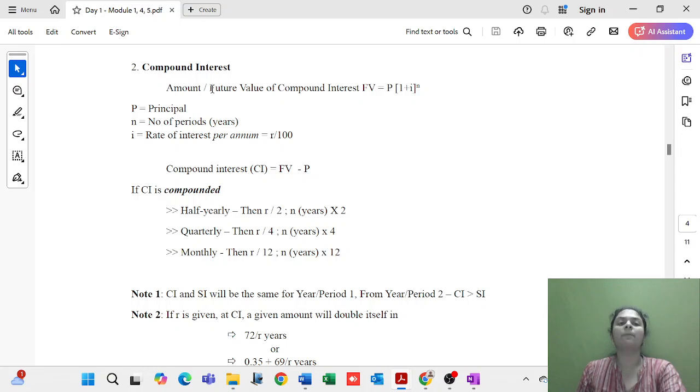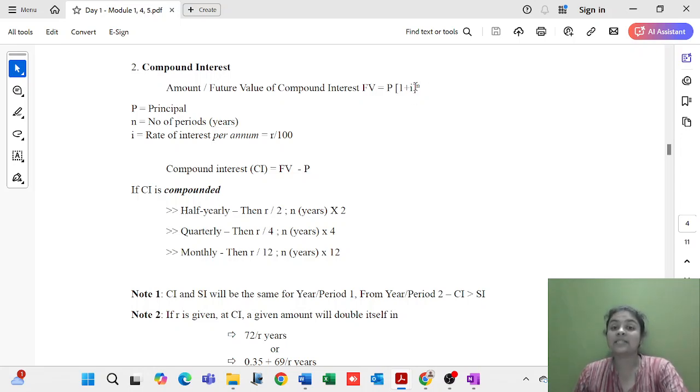Here to find compound interest, we have not learned an interest formula; the formula we are looking at is for the future value or maturity value or amount. It is equal to principal into 1 plus I the whole power n, where P is principal, n is number of years, where I is R by 100. So P into 1 plus I the whole power n, or P into 1 plus R by 100 the whole power n.